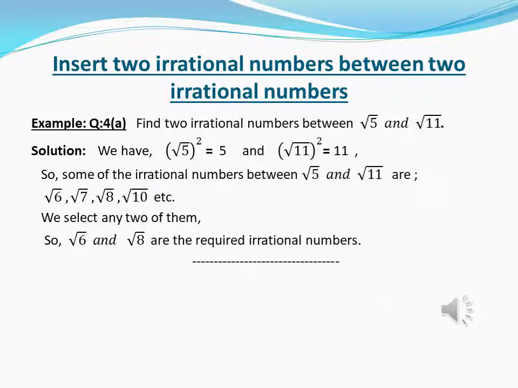First of all, we will take the square of square root of 5, which is equal to 5, and then the square of square root of 11, which is equal to 11. Now, some of the irrational numbers between square root of 5 and square root of 11 are square root of 6, square root of 7, square root of 8, square root of 10, etc. But we choose any two of these irrational numbers.